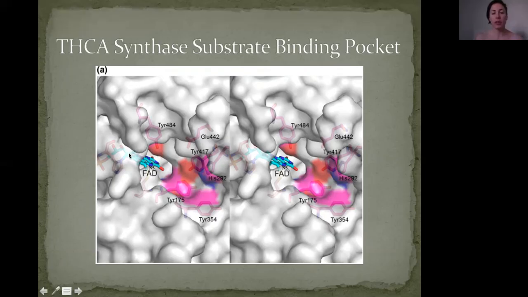They used this as the target for the overlay and found that these residues were all within 15 angstroms of this particular nitrogen of the FAD moiety. So they thought, okay, well, this is the active binding site cleft pocket, so they may have a role in the catalytic activity of the THCA synthase.